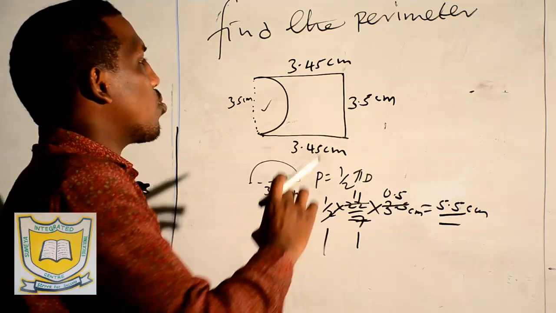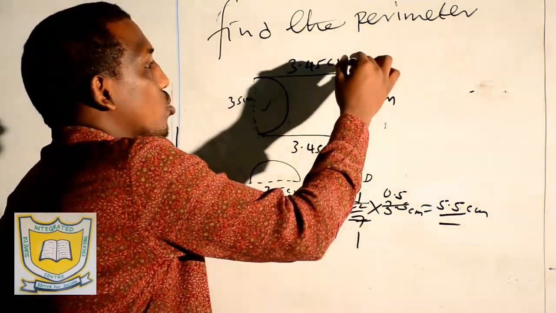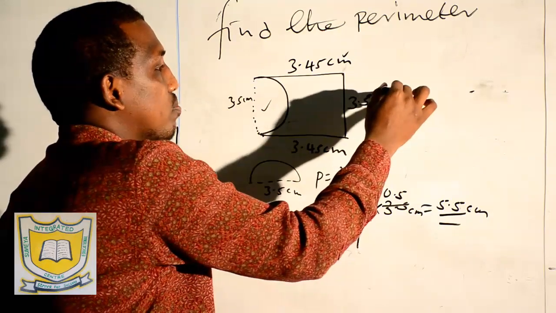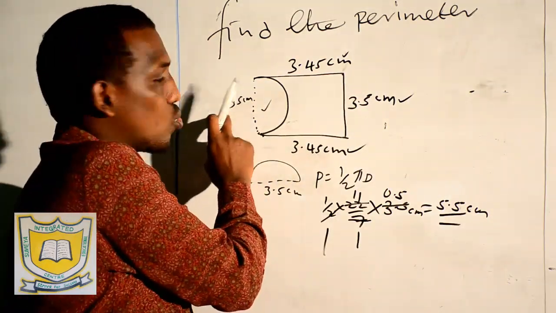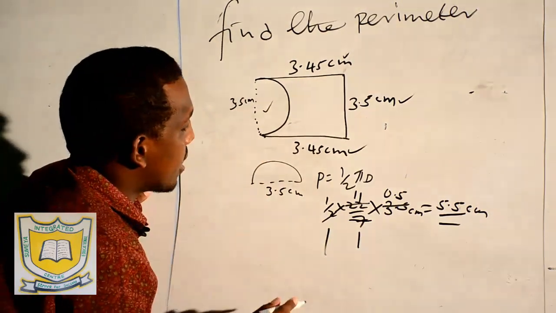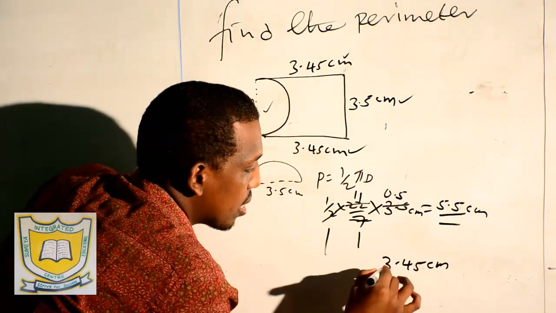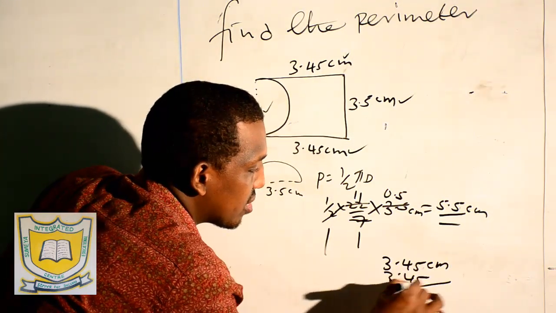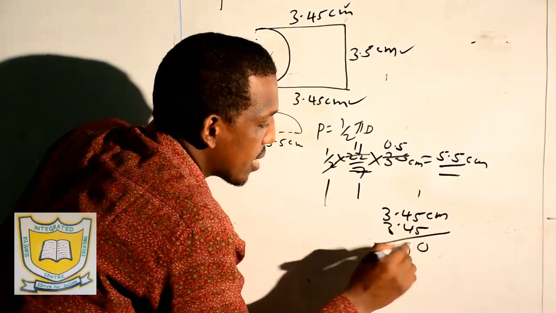What we do now, we are remaining with the rectangle. We add the other parts of the rectangle. So we add 3.45 plus 3.5 plus 3.45. We don't add this one because the line is dotted. So let us add now. 3.45 centimeter plus 3.45 centimeter, 0 carry 1. Here is 8 plus 1, 9.